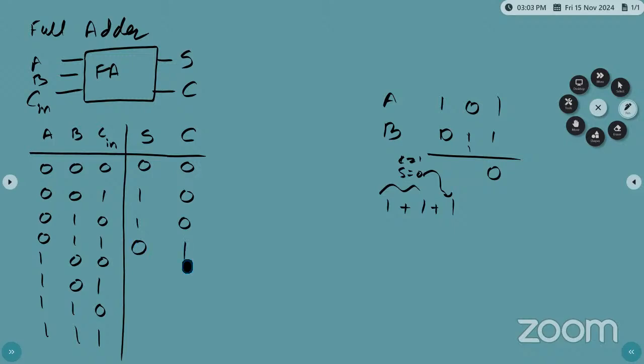For 0 plus 1 plus 1, first add these two numbers, the sum is 1, and then adding this one, sum 0 carry 1, right? Next 1 plus 0, sum 1, carry 0.